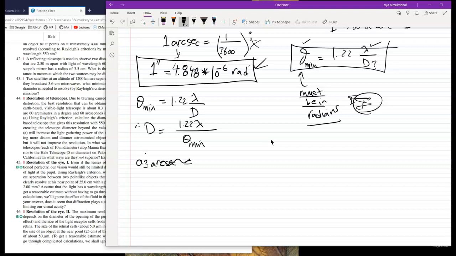So theta min, let me do it better, is equal to 0.3 times 4.848 times 10 to the negative 6. And when I multiply that, let me multiply it quickly.